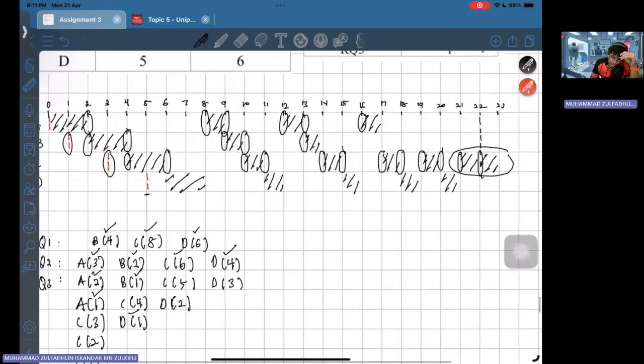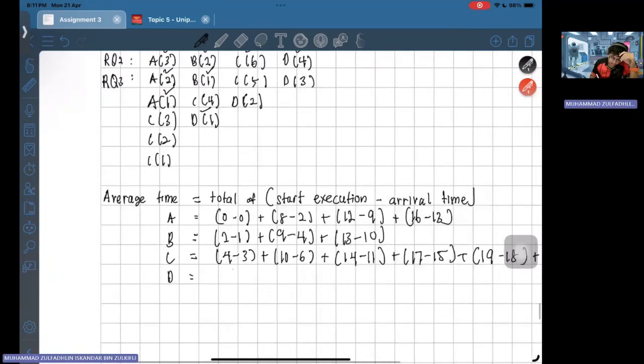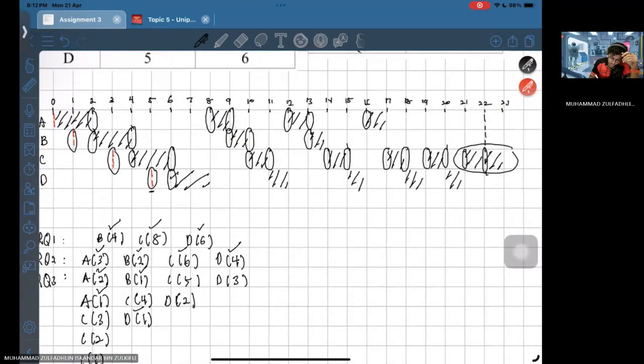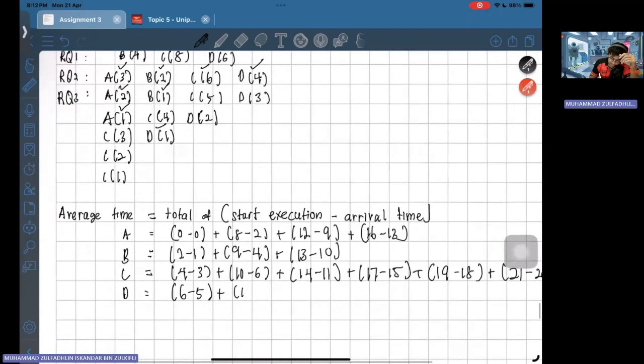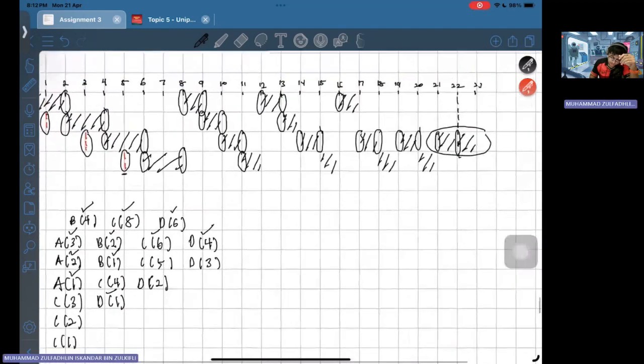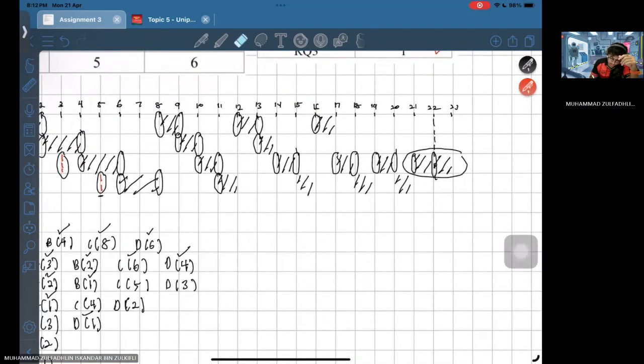So for D, it arrived at T equal to 5, and then it starts execution at T equal to 6. So 6 minus 5. Thus, the next execution starts at T equal to 11, and it arrived at T equal to 8. So 11 minus 8. Thus, the next execution starts at T equal to 15, and it arrived at T equal to 12.